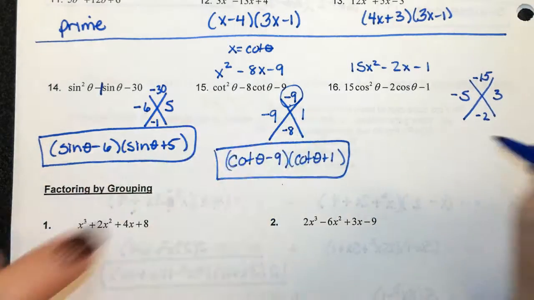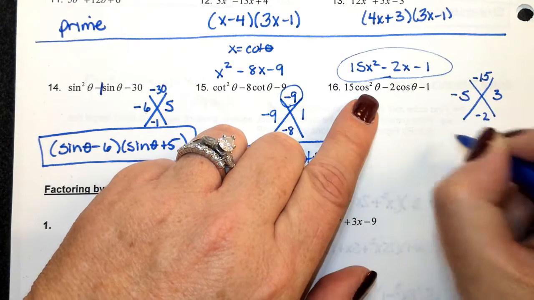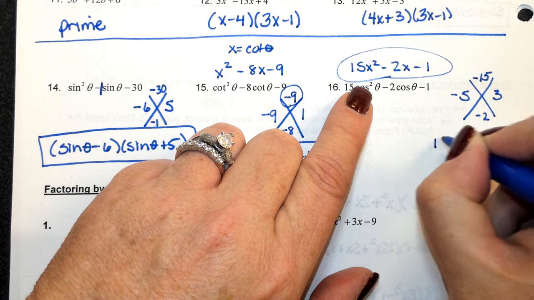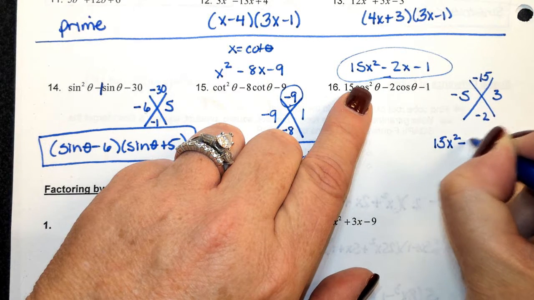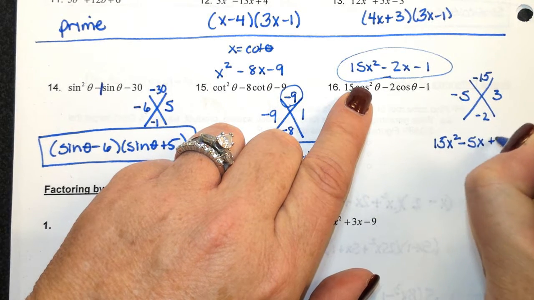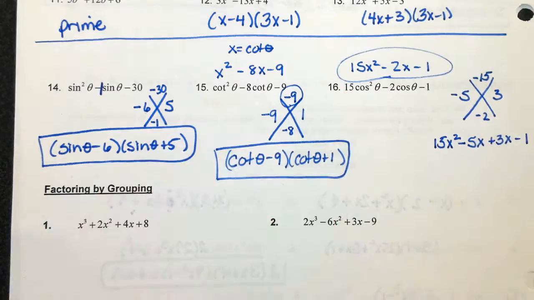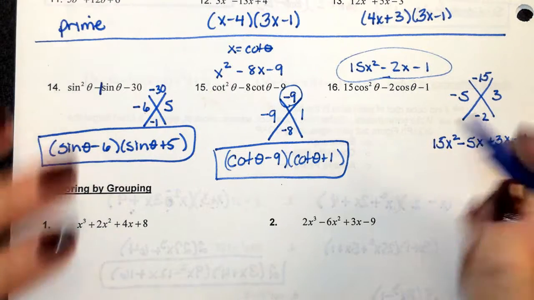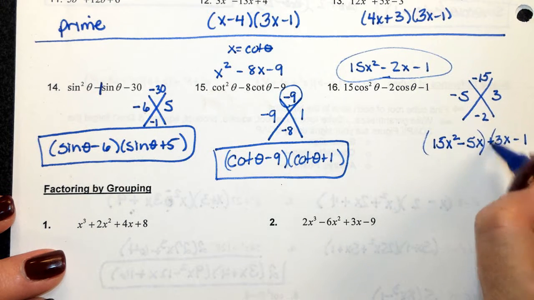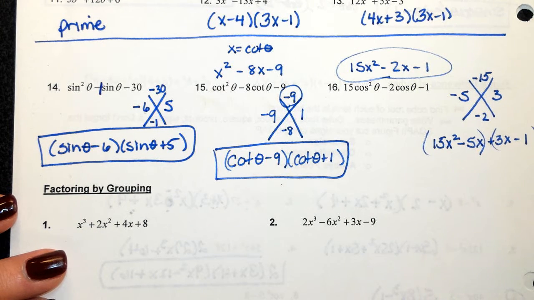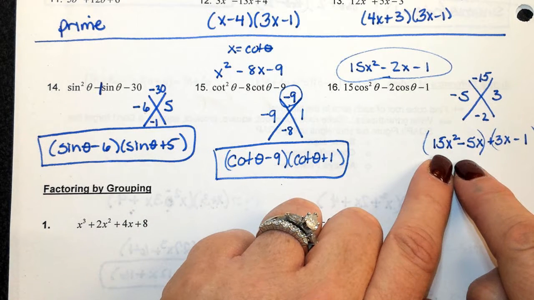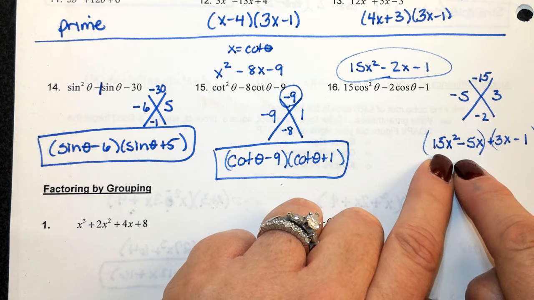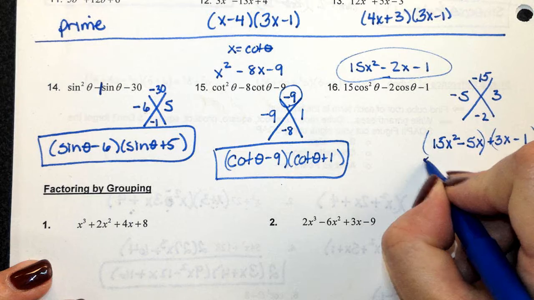So I can rewrite this trinomial as 15x squared minus 5x plus 3x minus 1. And what you're doing is you're factoring by grouping. Group together the first two terms, group together the last two terms. What can I factor out of the first set of parentheses? I can factor out a what? 5x.